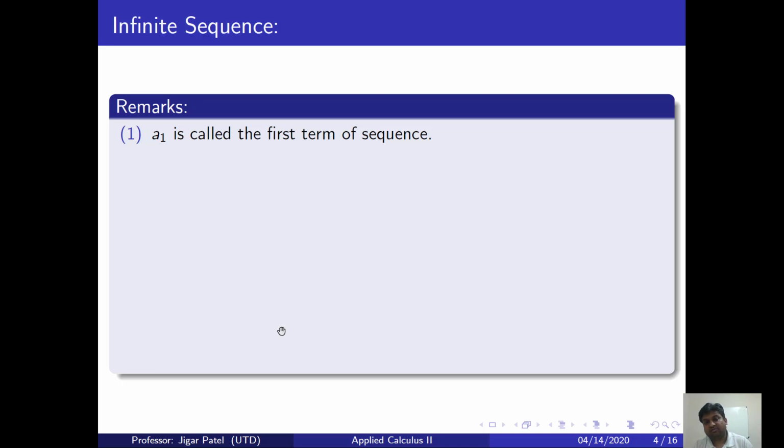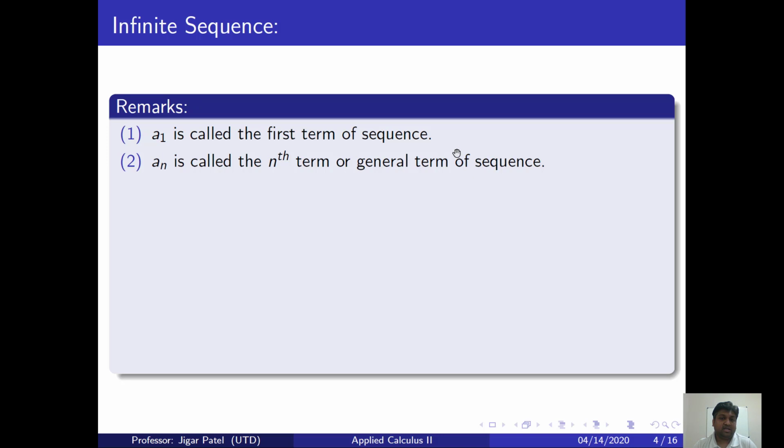It is a very useful term for us. Likewise, a_n is called the nth term or general term of the sequence. The wording that I am going to use frequently is the general term. So be sure you know when I use the word general term, I really mean a_n.